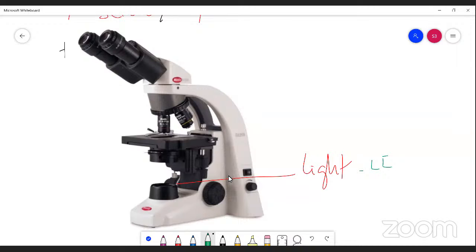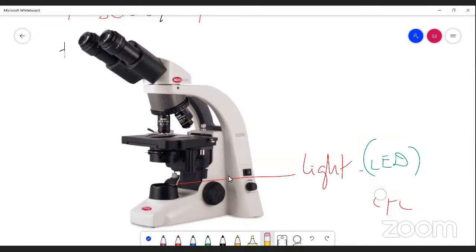LED bulb is there. Actually, this LED bulb is nothing but a light emitting diode. That is the abbreviation of LED. Sometimes, instead of LED, we can use a CFL, right? CFL is a bulb that can also be used.